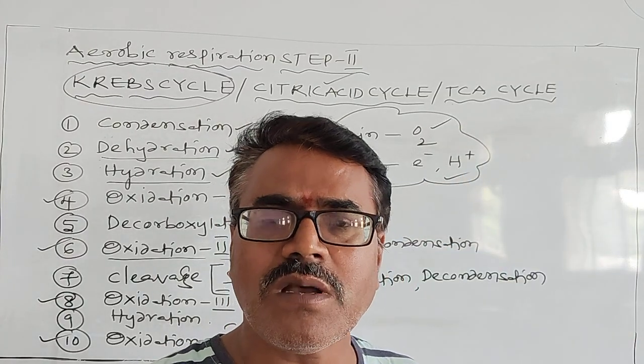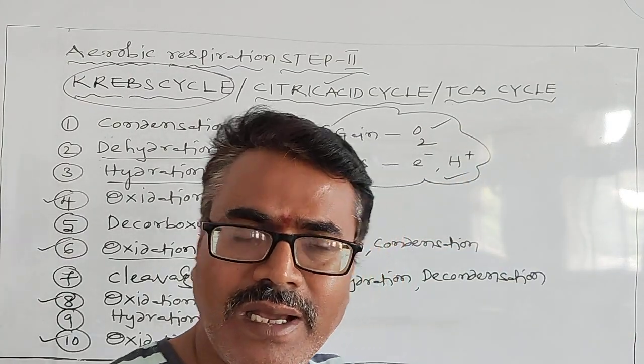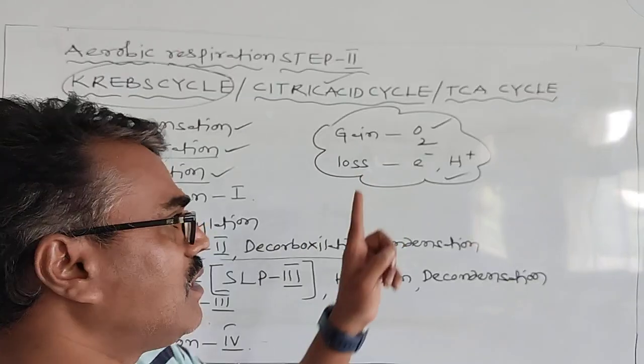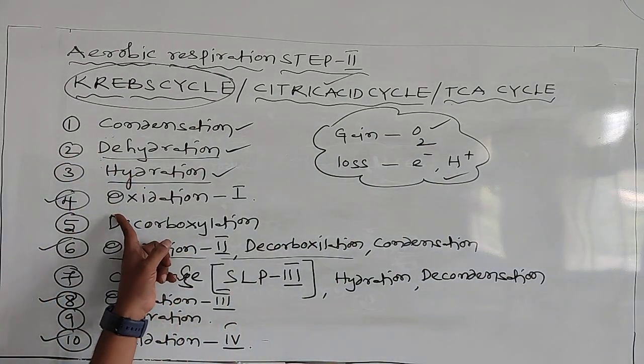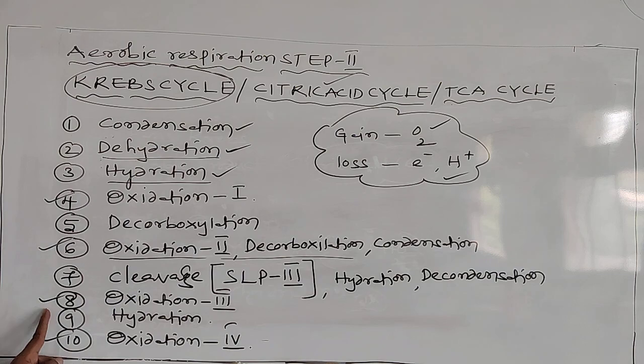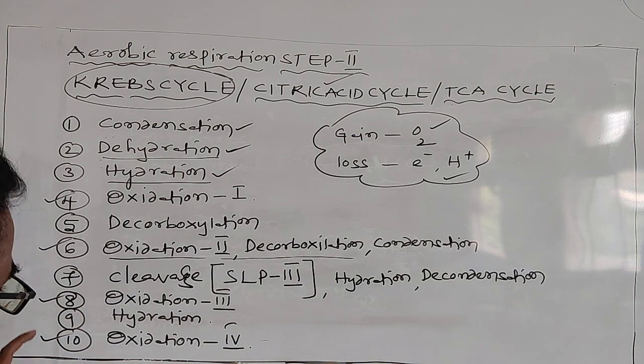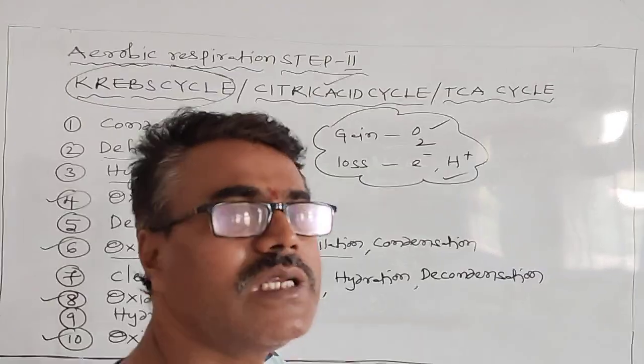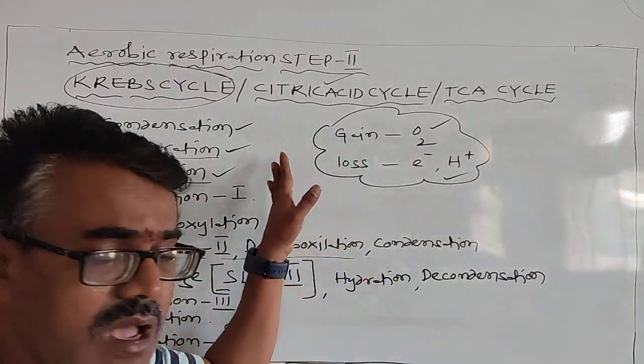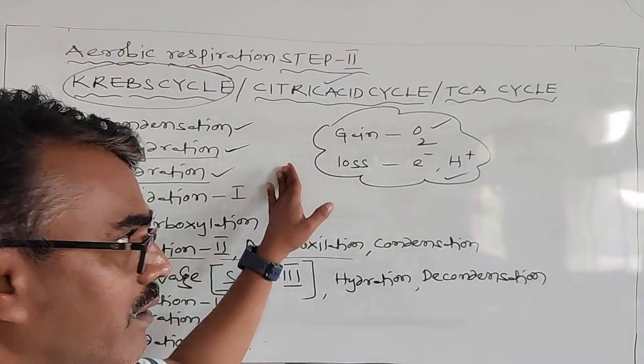What are the steps of oxidation in the Krebs cycle? The 4th, 6th, 8th and 10th chemical reactions are the oxidation steps in this pathway.